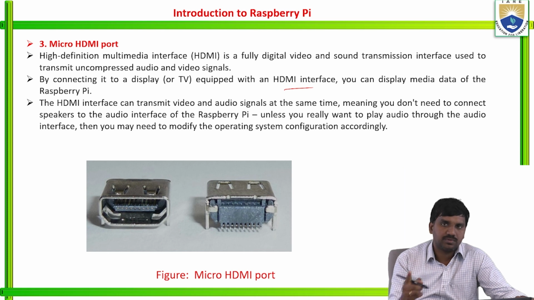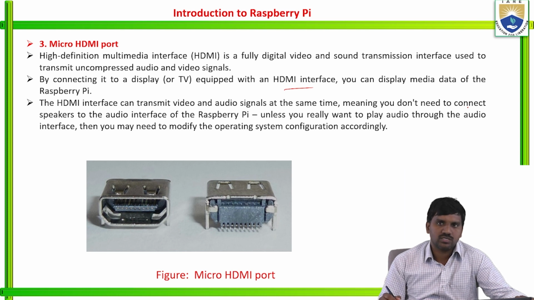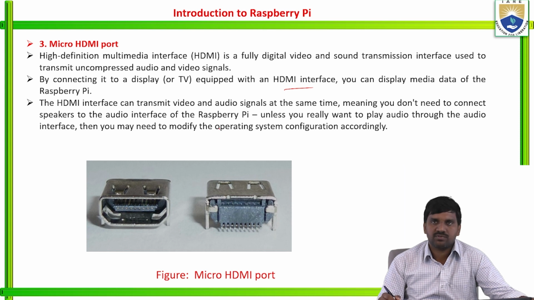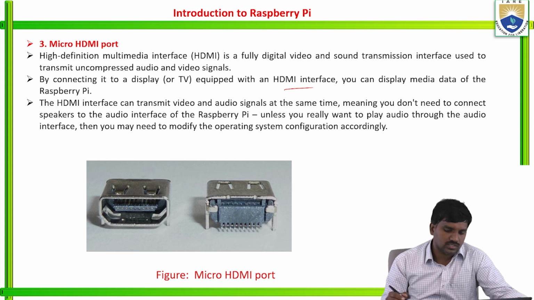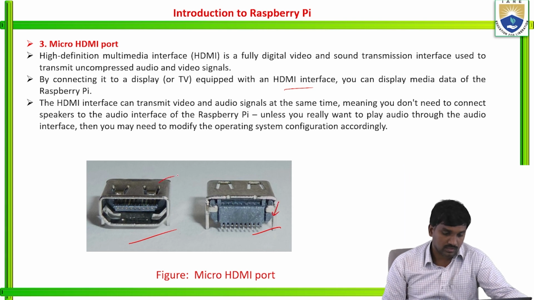The HDMI interface can transmit video and audio signals at the same time, meaning you don't need to connect speakers to the audio interface of the Raspberry Pi, unless you really want to play audio through the audio interface, in which case you need to modify the operating system configuration accordingly. So this is the micro HDMI port. This is the front view, this is the top view, and the back view.